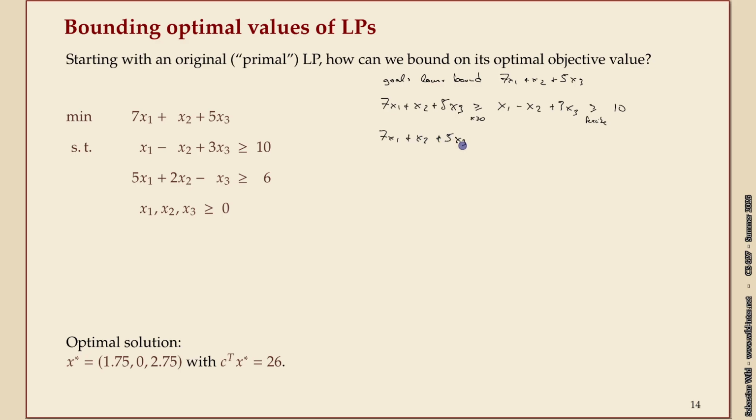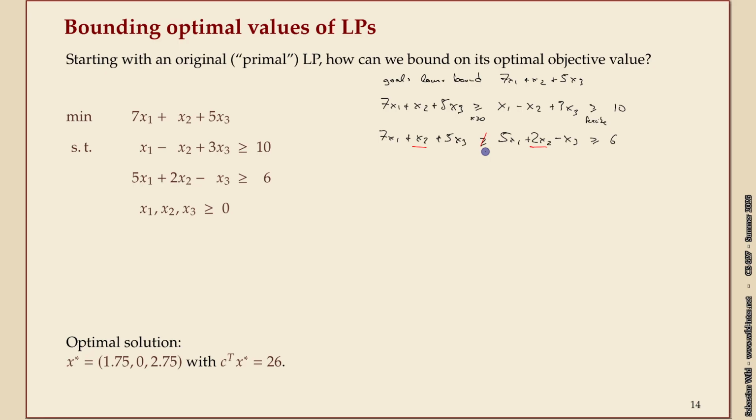If that worked so well, maybe we get something better. I could try to get to this, but it doesn't work for x2. So I can't really use that second constraint in the same way. Also, the lower bound we would get here is even weaker, so it's not interesting. There's a hurdle in using this trick.